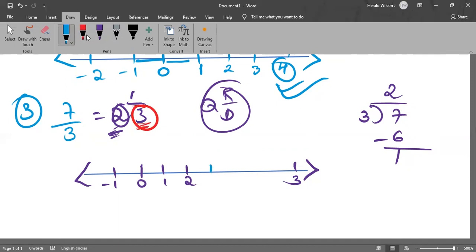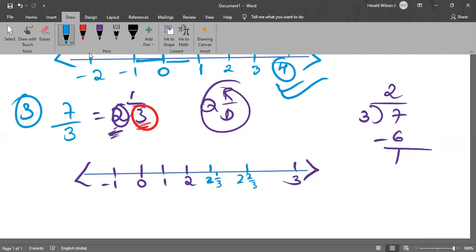So you need to write it like 2 1 by 3, because that's our number here. So 2 1 by 3, first space, second space, 2 2 by 3, and then we have our third space. Okay, so now we've got our number 2 1 by 3 on the number line.